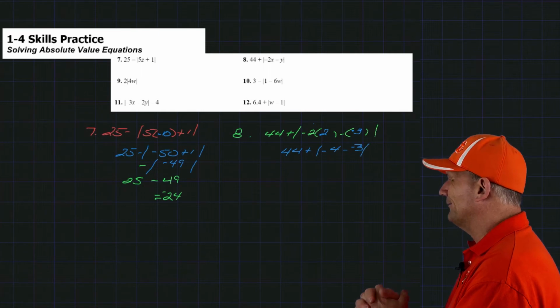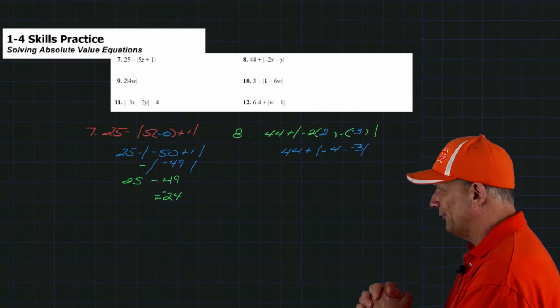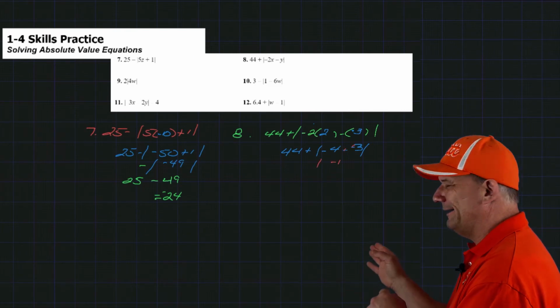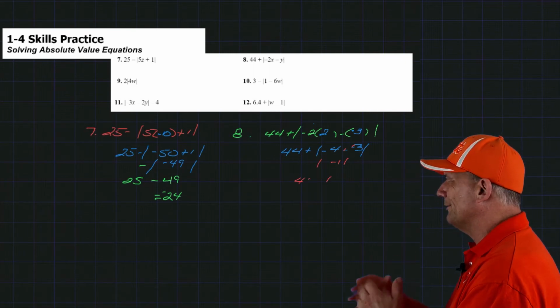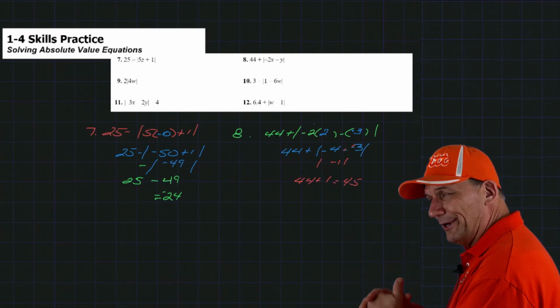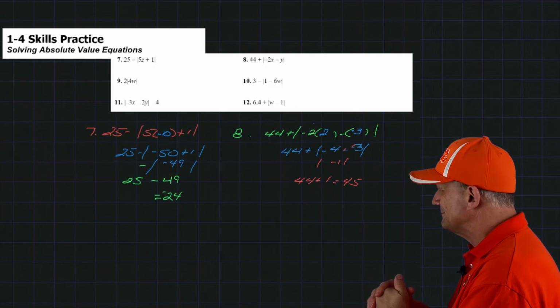And ultimately, this whole thing, I believe, is going to equal 43, right? So there it is. Subtracting the negative is the same as adding. Negative 4 plus 3 is negative 1. We make it a positive 1 now, right? And 44 plus 1 is 45.